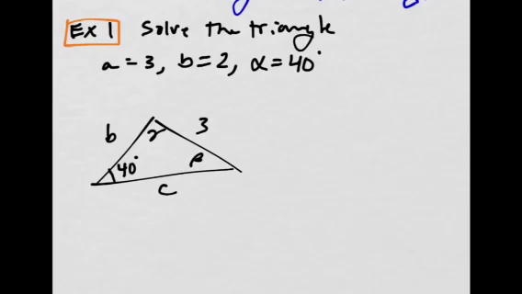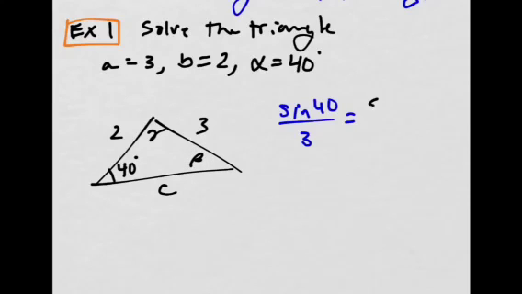Well, I first start with my law of sines. I can say sine of 40 over 3 must equal one of the other ones. Do I know any of the other ones? I do, actually. I mistook something. B is 2, so I will change that. This is 2. And so then I'm going to try and find beta first.